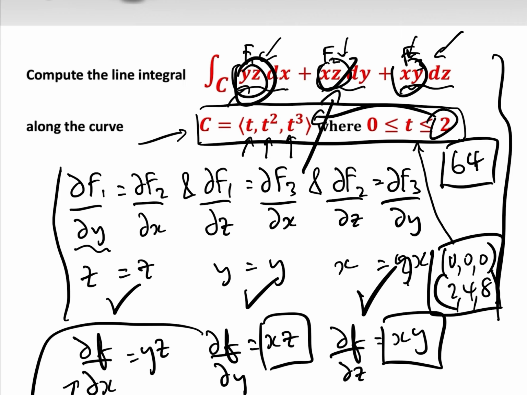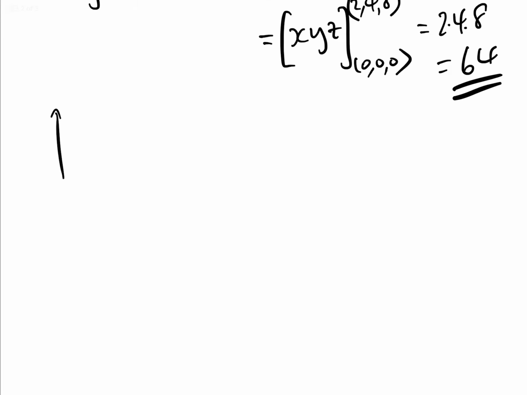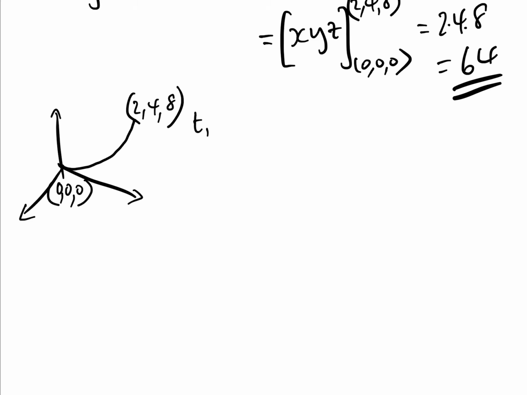Okay, so now let's do another thing then. Instead of going along the curve t, t squared, t cubed from t equals 0 to 2, let's go along a different curve. The curve that we have just gone along was going from the point 0, 0, 0 to 2, 4, 8. Well, the fundamental theorem of calculus for line integrals says it doesn't matter what the path is, it only depends on our end point and beginning point.